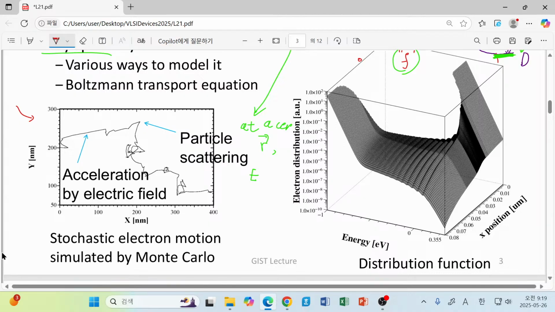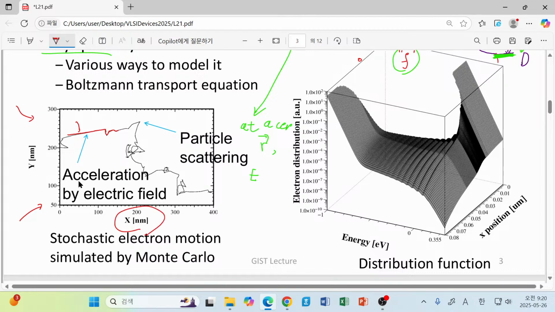So that is the Monte Carlo method, and now you are looking at a typical way of solving the distribution function. Maybe you can see here a certain trajectory. This line is a trajectory of an electron inside a certain system.